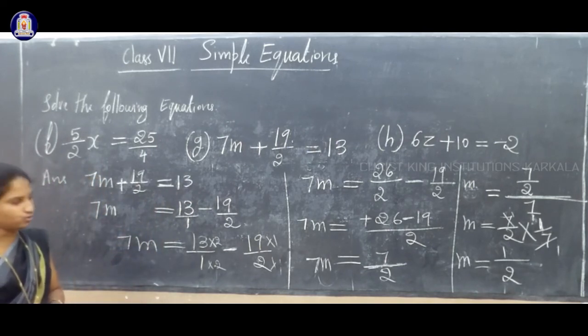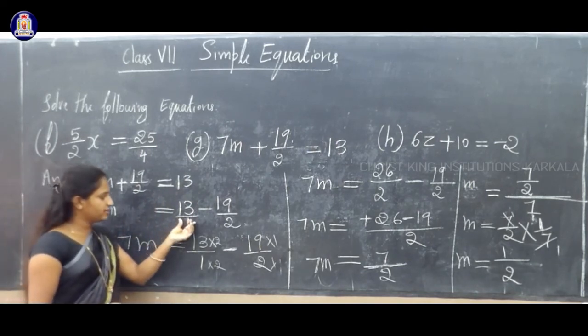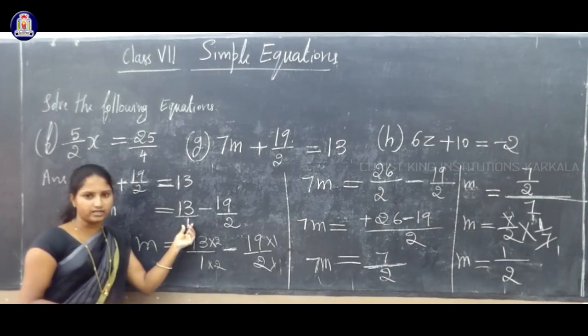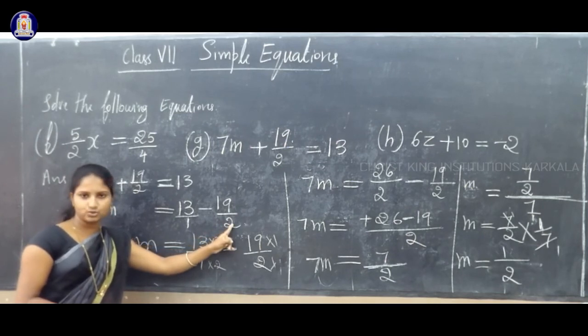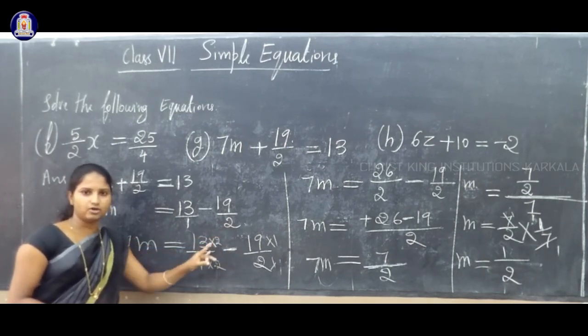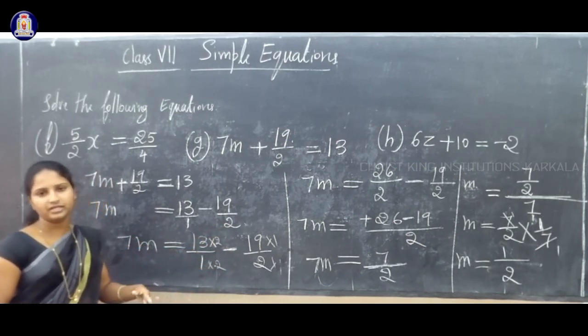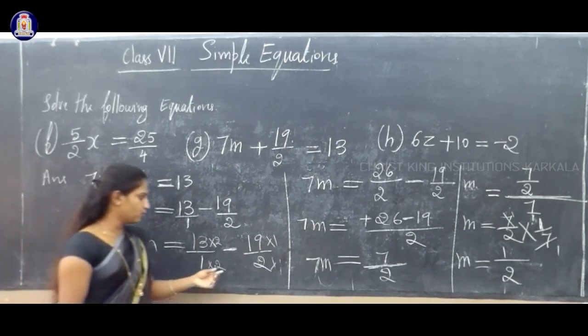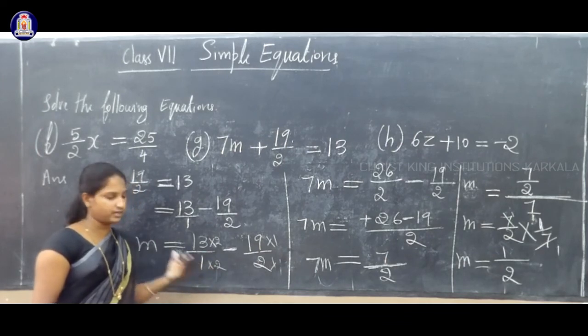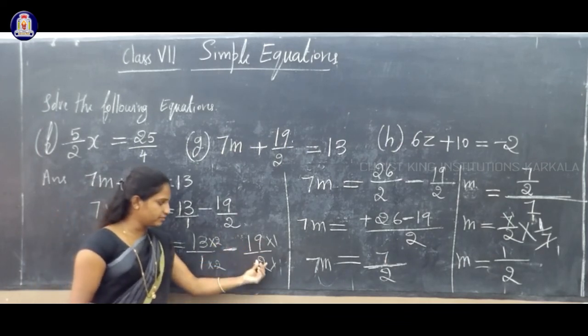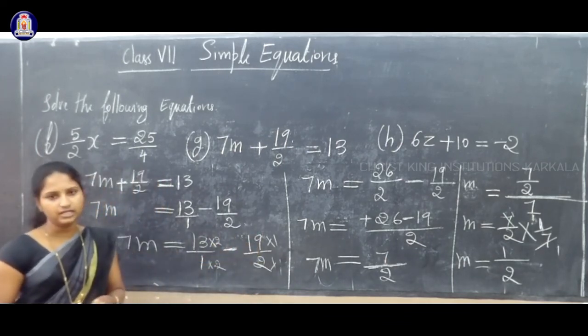The denominator of 13 by 1 is 1, and here the denominator is 2. The denominators are not the same, so we have to make the same denominator. We multiply 2 to both numerator and denominator of the 13.